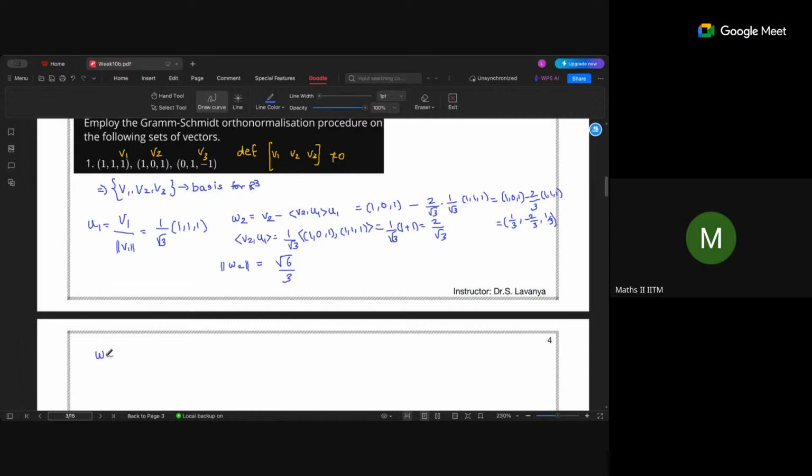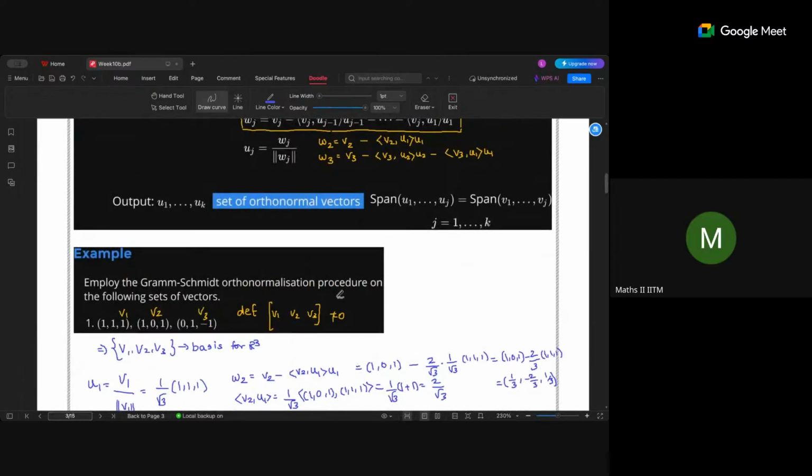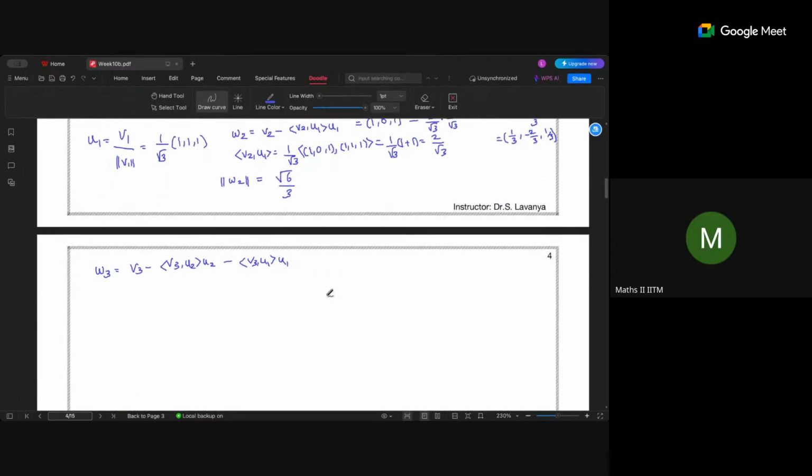So the next formula is w3 equal to v3 minus inner product of v3 comma u2 into u2 minus inner product of v3 comma u1 into u1. First compute the inner product of v3 comma u2 and then u1. Compute these and tell me the answer.